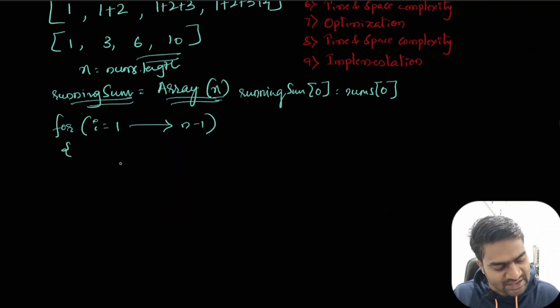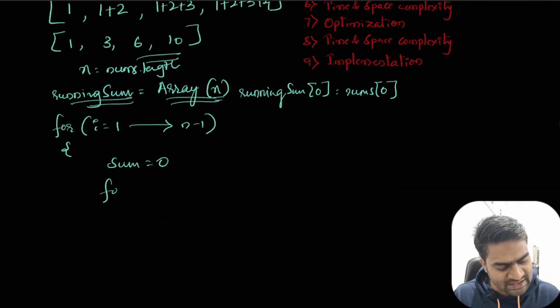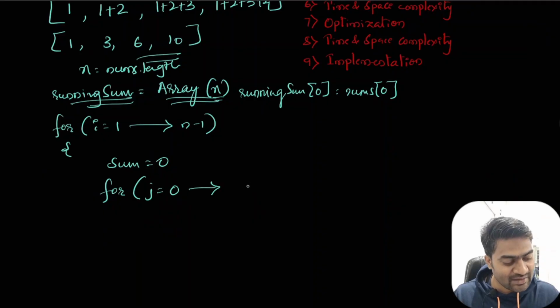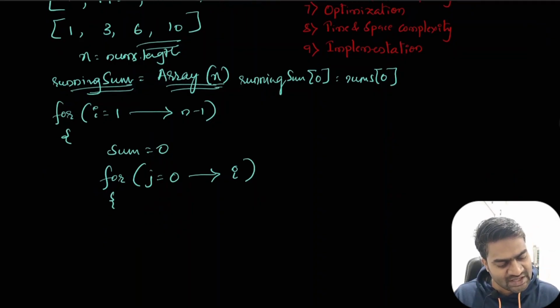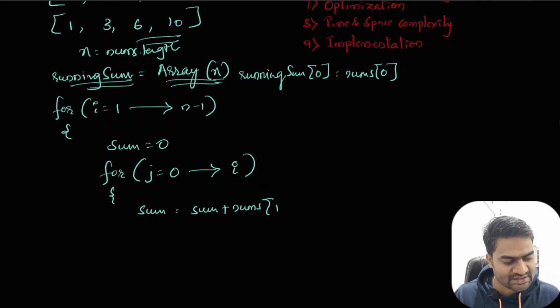Then I will take a variable sum equal to 0. This is to calculate the overall sum. Then I will take another loop with j equal to 0. I will iterate until the value becomes equal to i, not n minus 1, because we want the sum till that particular number only. So I will sum up all the values from 0 till i: sum equals sum plus nums[j].